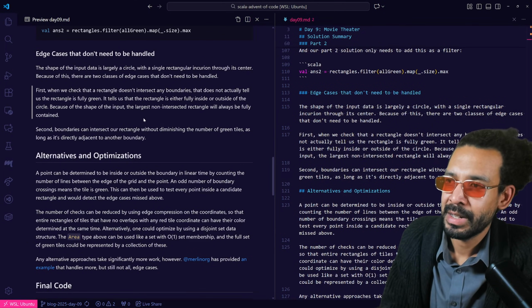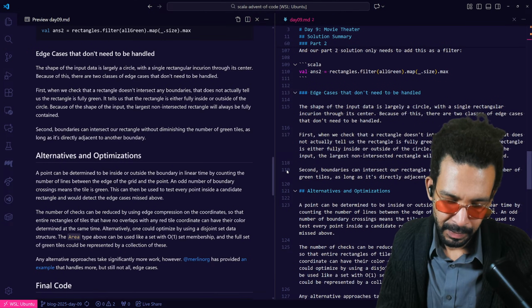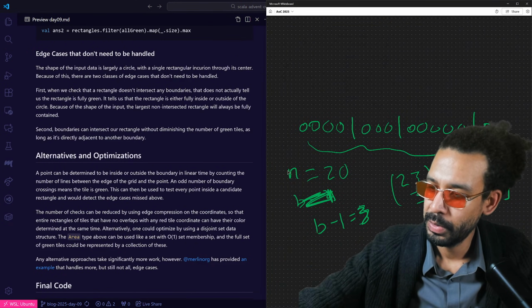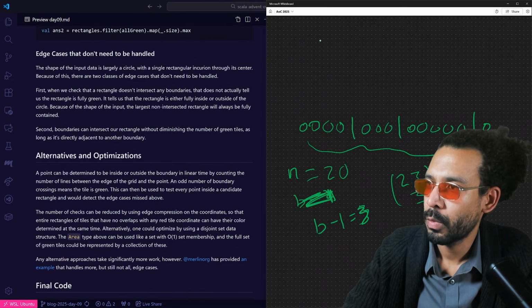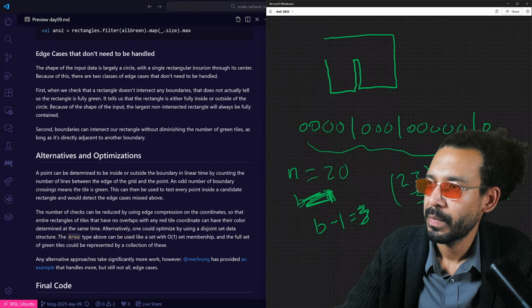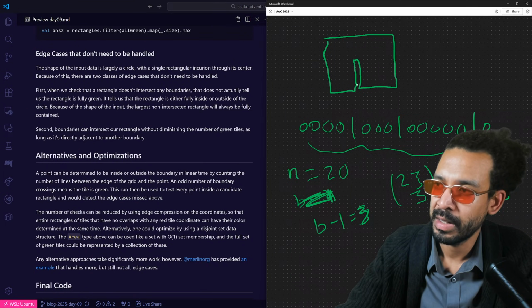And then there's another edge case. I describe it here. Maybe I could draw it too. Let's say we have a square, but it goes like this. Here, there's a boundary that's crossing into our rectangle, but if there are no white tiles in here, this can all just be green tiles.